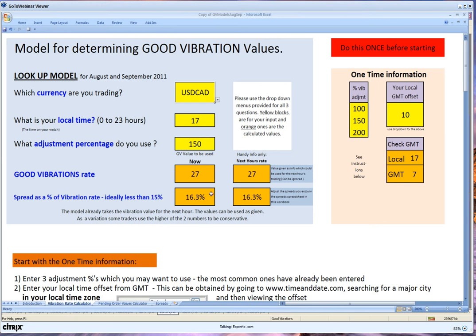Even now it is over the top, at 16%, because the Canadian dollar is volatile in the US market, not so much in the outside markets. So most of its volatility comes in 2 or 3 hours of the market. There will be currencies that disqualify themselves automatically by this little calculation here. So you can actually trade it at any time as long as you adhere to this 15% rule.